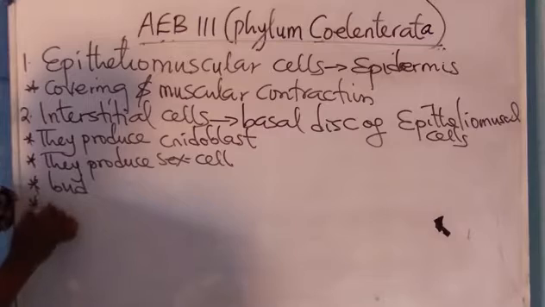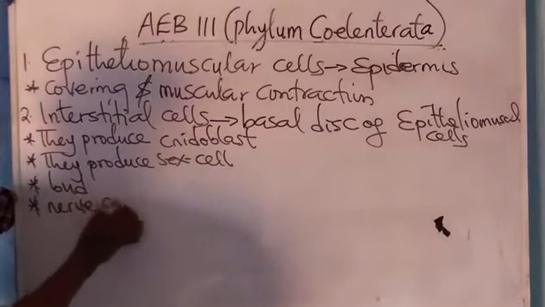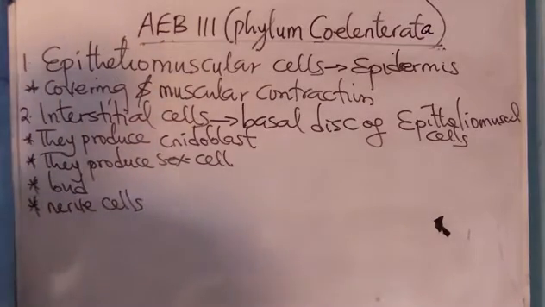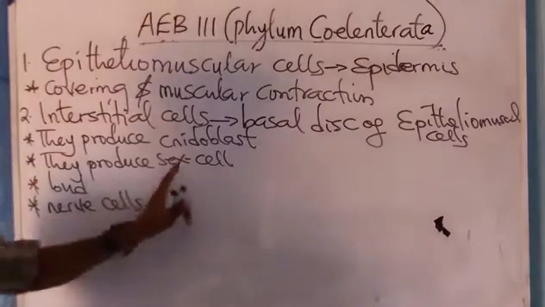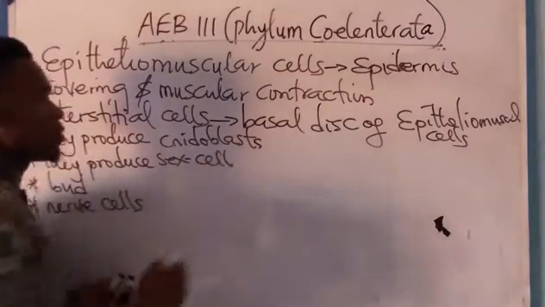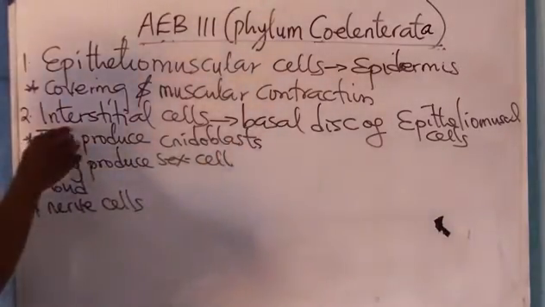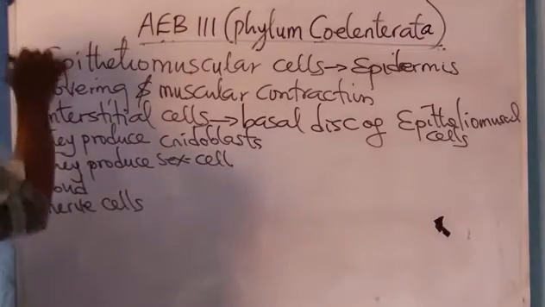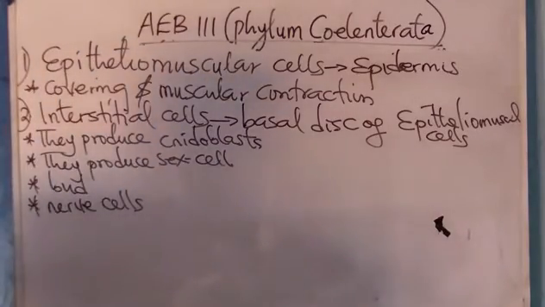They also produce nerve cells. So nerve cells, buds, sex cells and cnidoblasts are produced by the interstitial cells, which are special cells found in Hydra.